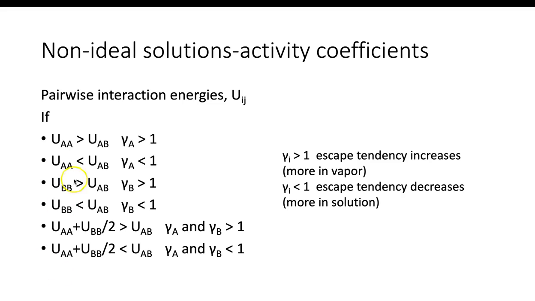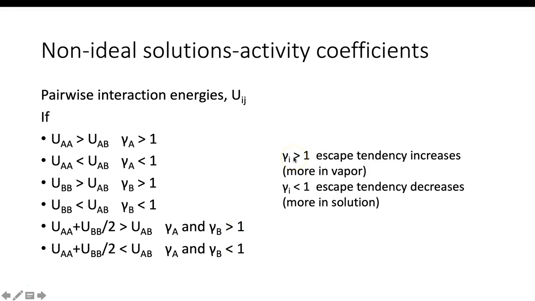So we would have activity coefficients less than 1. Or you could have a case where your average interaction energy, AA and BB, is less than the interaction energy between A and B. In that case, the activity coefficients are going to be less than 1 because this interaction is greater than those. If this interaction is less than the average of the pure liquid interactions with each other, then our activity coefficient is greater than 1.